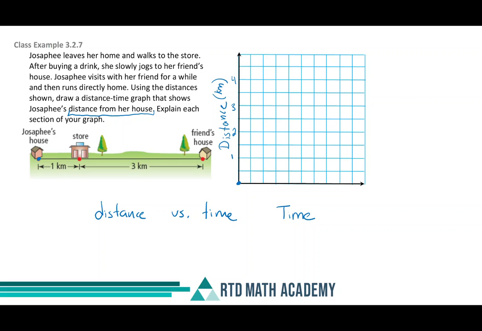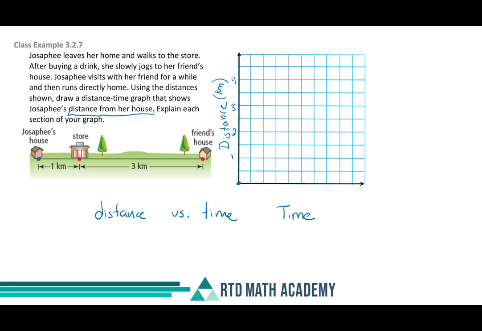Now, we don't know how long she's staying anywhere. We don't know if it's hours, we don't know if it's minutes, but let's just think logically about jogging, running, and buying a drink, okay? When I think about walking to the store and walking about 1 kilometer, maybe between 15 and 20 minutes. When you're buying a drink, you're talking about maybe 5 minutes, right?